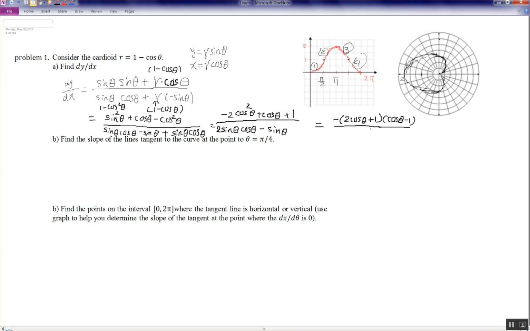And the bottom one, you can factor out the sine theta, and then you're left with 2 cosine theta minus 1. This step is used for the very last problem. Okay, so this is part 1, where we found the dy/dx. I'm going to make a separate video for the next part.